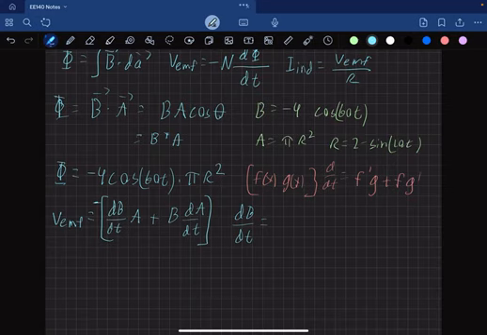So we have 4 times 60, which is 240 sine 60t. As you know, the 60 comes out due to the chain rule.